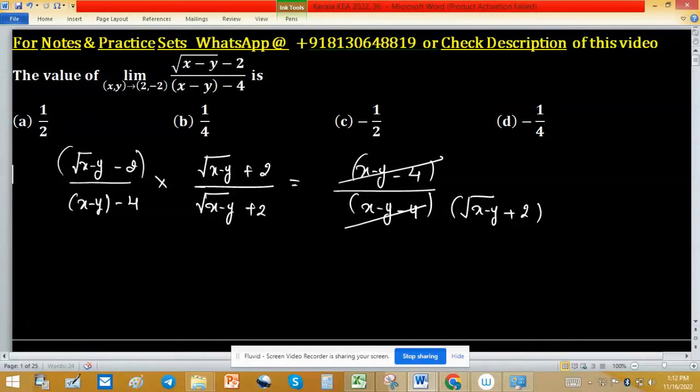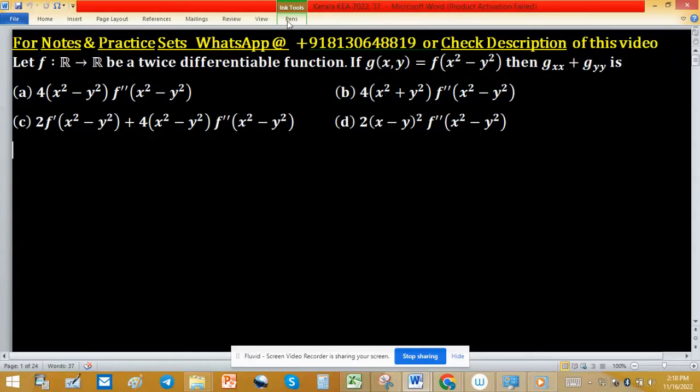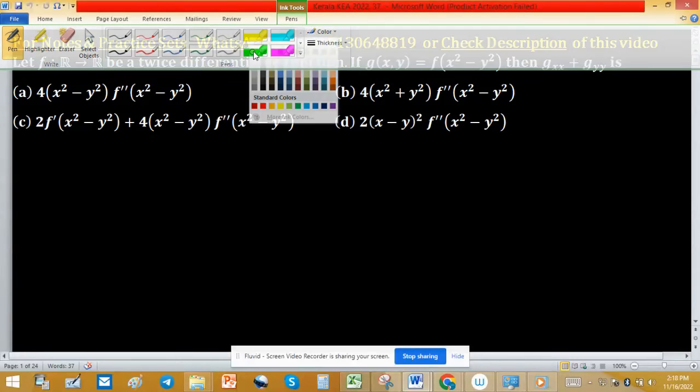So this one is cancelled out by this one. We have 1 upon square root of x minus y plus 2, and (x, y) is tending to (2, minus 2). Now put these values: 1 upon square root of 2 plus 2, so 1 upon 2 plus 2 becomes 1 upon 4. Option B is correct.